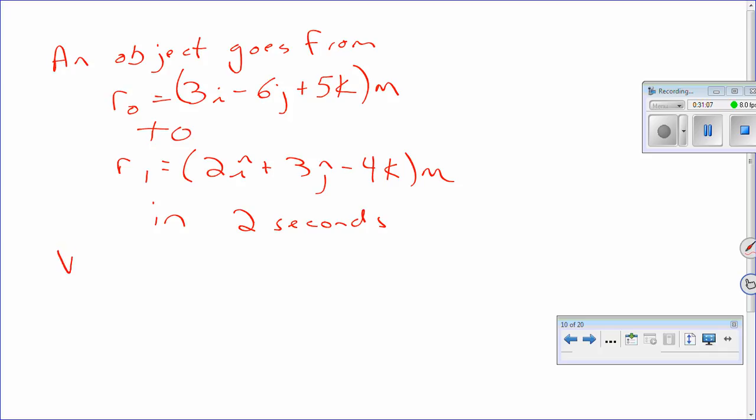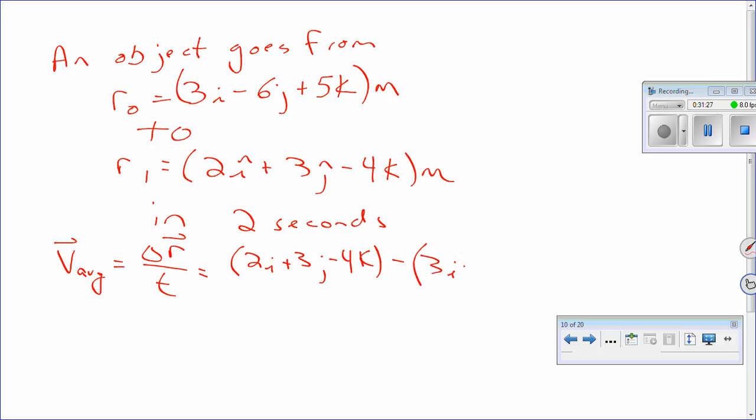So V average is my change in position divided by the time it took, right? So let's see, our change in position. I'm going to take this position vector, 2i plus 3j minus 4k, and subtract this position vector, and divide it by the time it took.